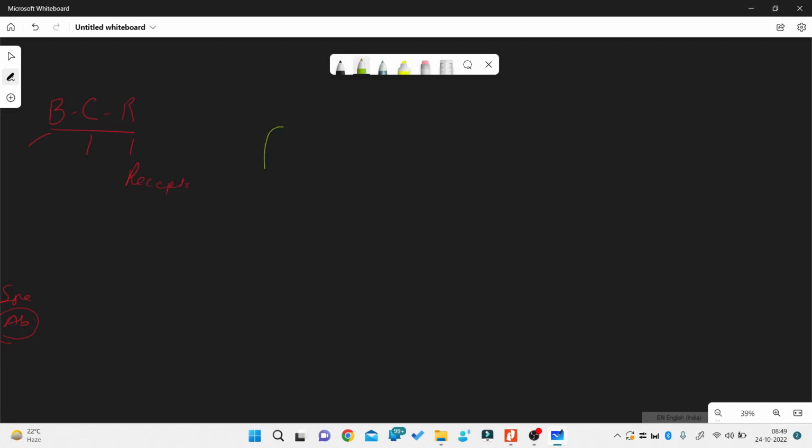Suppose this is your B cell, and on this B cell we have a number of BCR receptors. We'll see the detailed structure of BCR later. All these surface receptors are very important. When this receptor comes into contact with a specific antigen, this B cell is converted into two types of B cells.